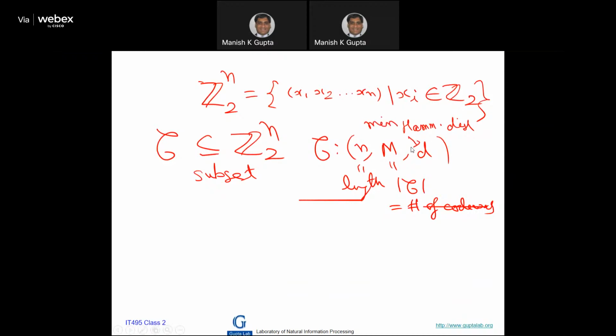I have just given you the definition that a code is simply a subset of the whole space, right? Just a collection of binary vectors.